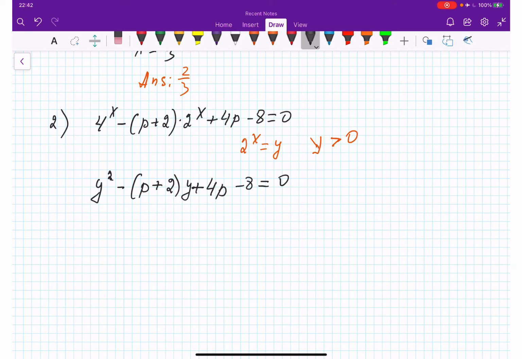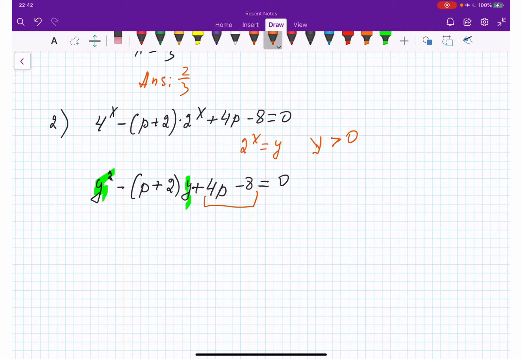Okay, so what do we have here? y squared, and then y, and then this piece is going to be the free term, like x squared plus 2x plus 6. We have plus c. We have here a quadratic equation, right?